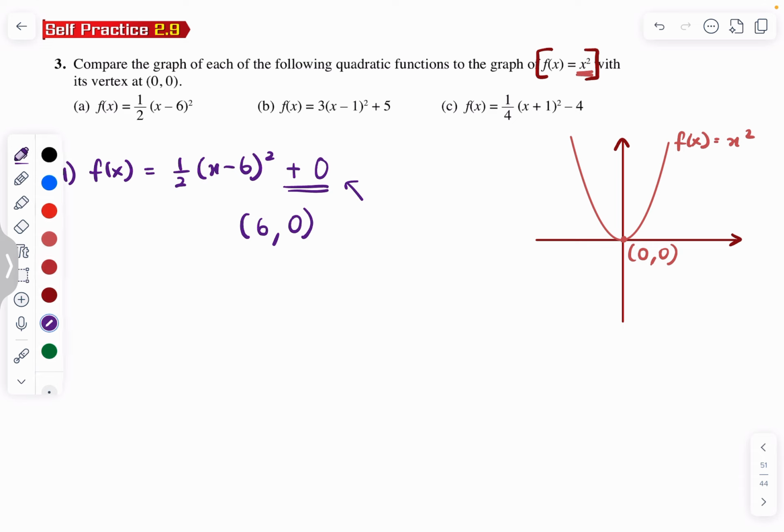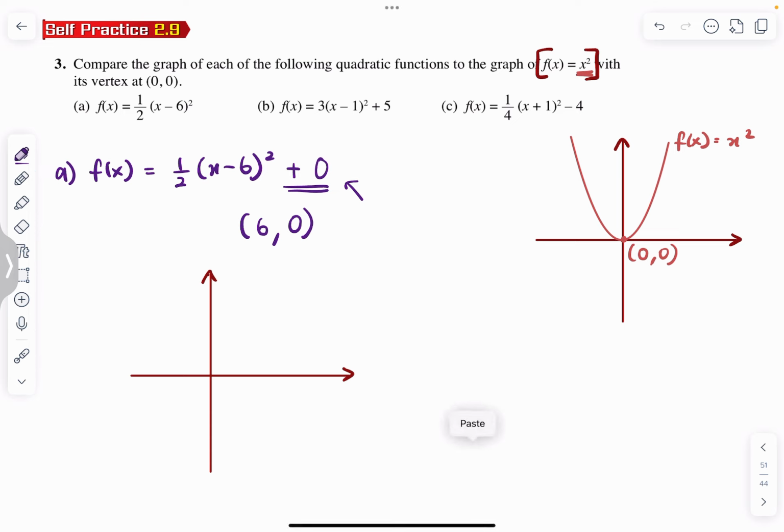Let's try to draw this graph. Okay, so if our vertex is at (6, 0), (6, 0) is somewhere here. So our graph will be something like this. Okay, so vertex settled. Now we need to look at the A.